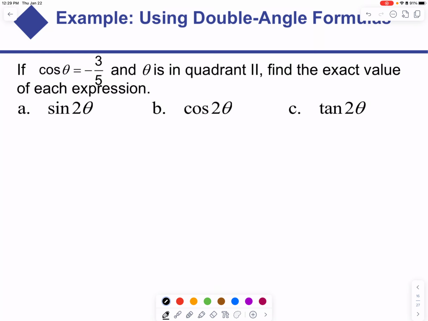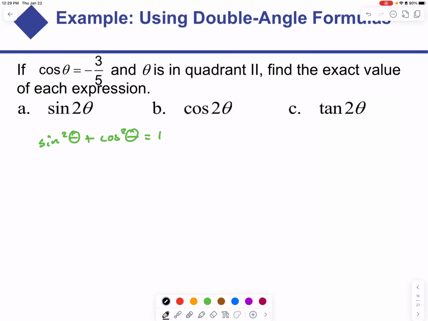So what we have, cosine of theta equals -3/5. So before I do the other items, can we do what? Sine squared theta plus cosine squared theta equals 1. Let's see if this works.